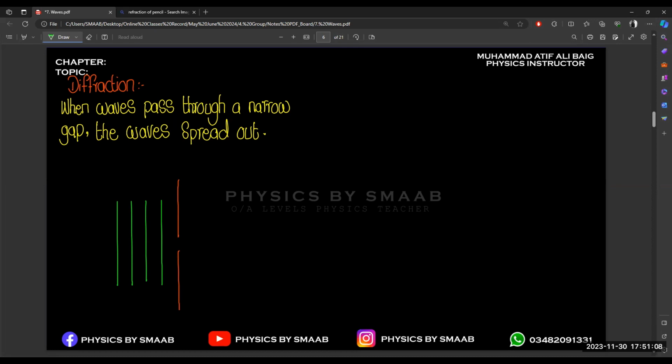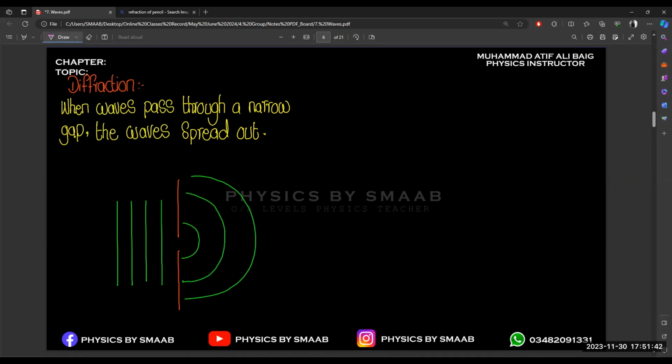And if the gap is very narrow, just like in the diagram, it will make a semicircle form like this. So in this way, you will get semicircle waves after passing through this narrow gap.